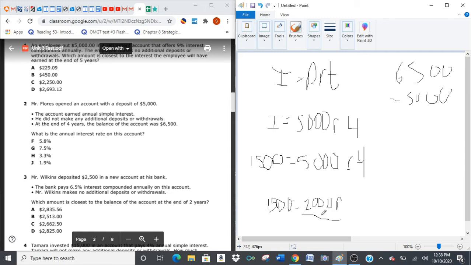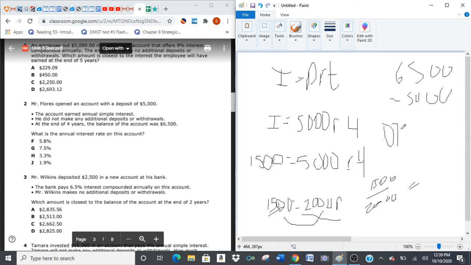So 20,000 is on the same side as the R. So we're going to divide 1,500 divided by 20,000, which would give us, oops, I put 2,000. So we get 0.075.